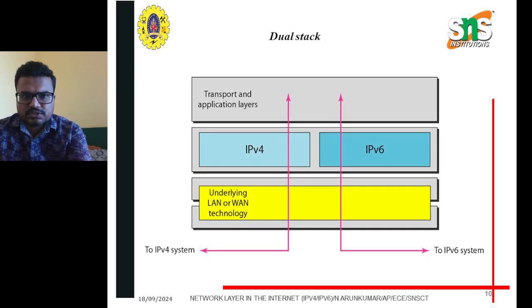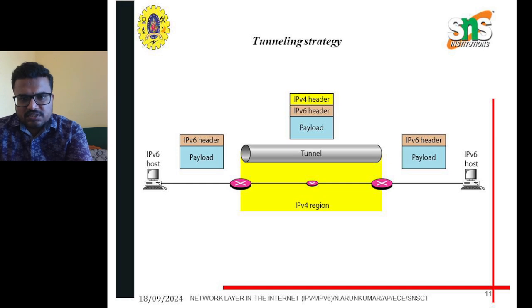Dual stack. The dual stack is a method where both version 4 and version 6 are assigned. Version 4 is allowed only for a limited amount of data, whereas version 6 is used to transmit more data at the same time through the floating point model. The tunneling strategy: a tunnel is a bridge while sending the data.